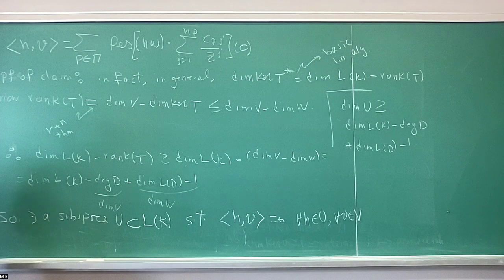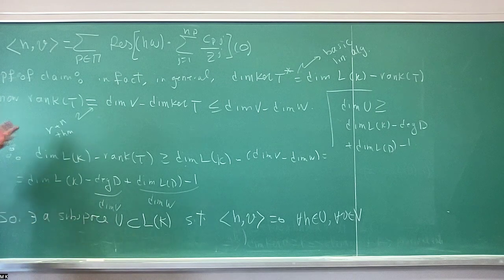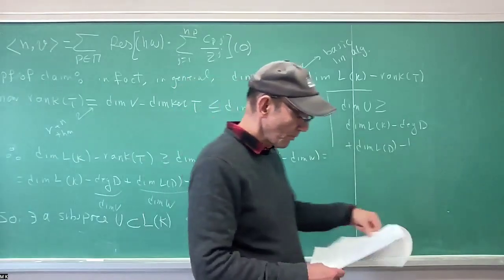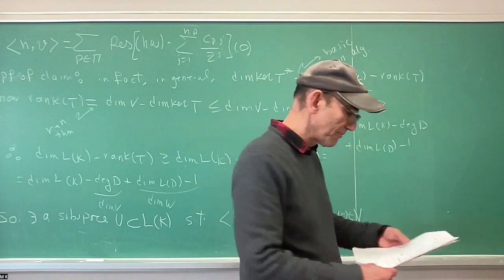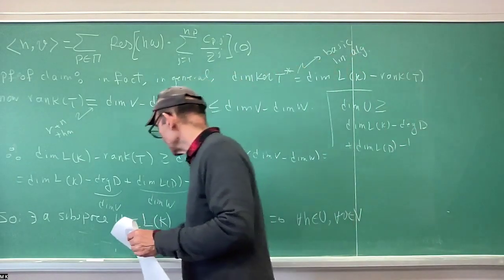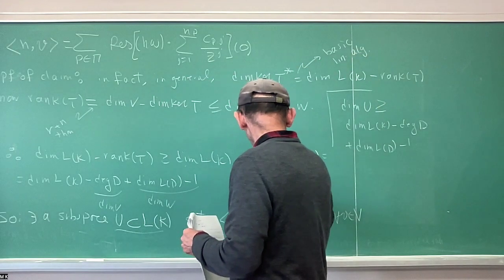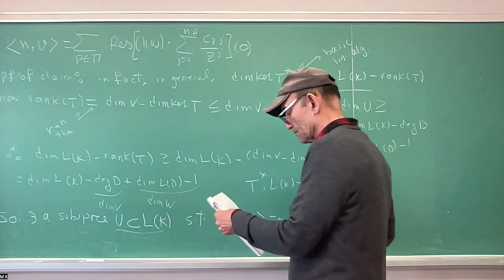So if you dualize, what did we get with the dual map? Where did the dual map go from and to? You remember? The dual map T star went from L of K to V star.